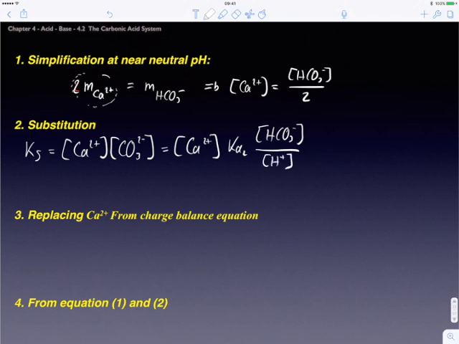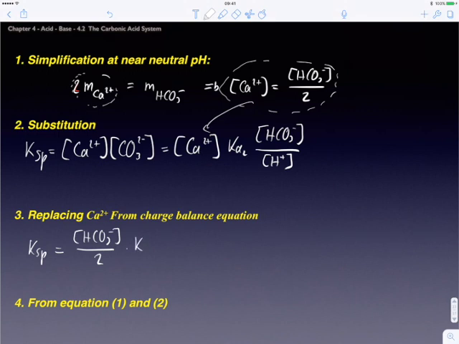And now what you're going to do is replace what you just calculated for calcium in this equation here. That means you're going to have KSP equal to the concentration of HCO3- divided by 2, times Ka2 times HCO3- divided by H+.